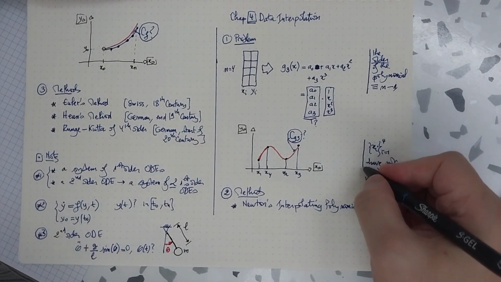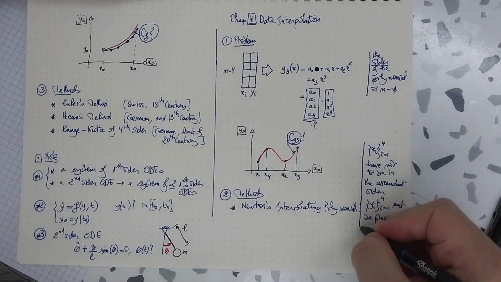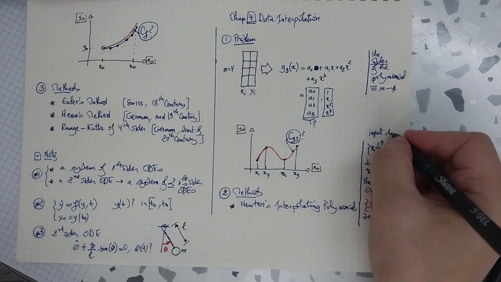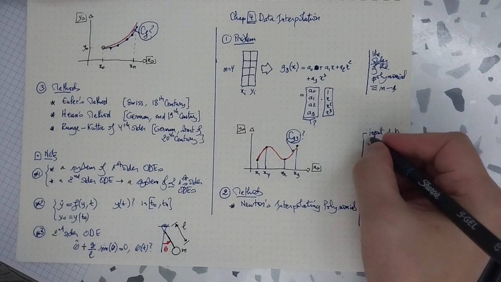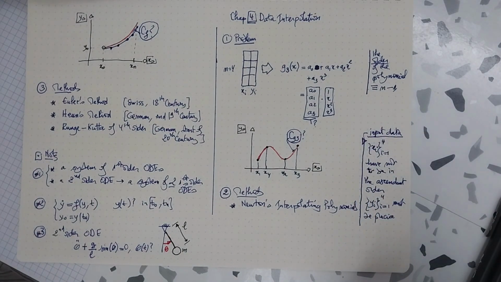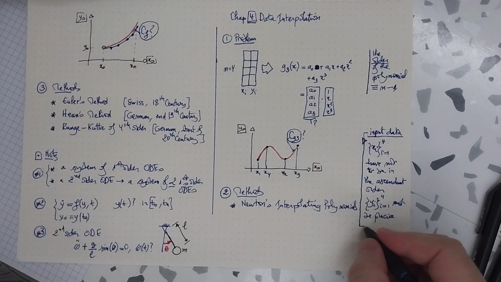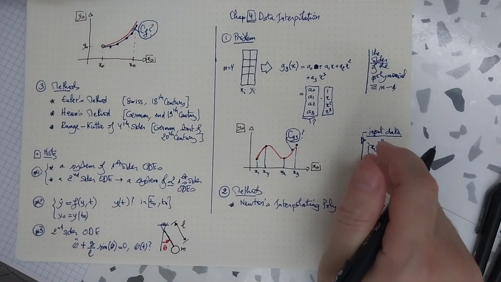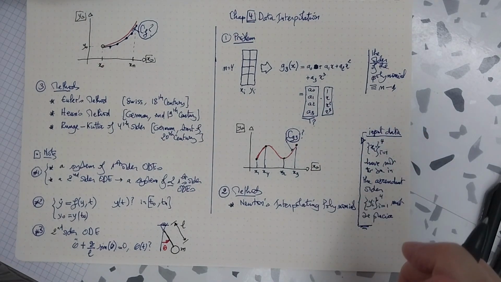This is a note on the input data, to be observed when you deal with interpolation. As we will see later, there is another problem close to that, but different.